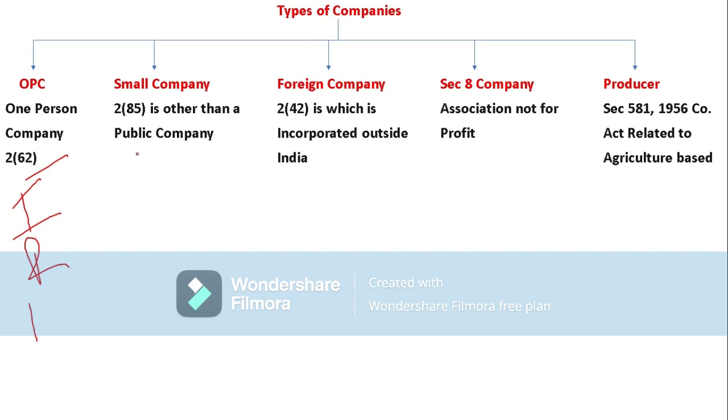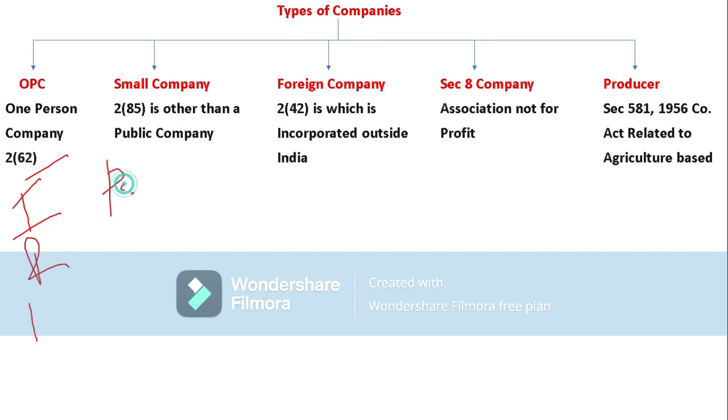Now coming to the small company. What does a small company mean according to Section 2, subsection 85? It defines that other than a public company, it can be called a small company. A small company has paid up share capital and turnover limits.